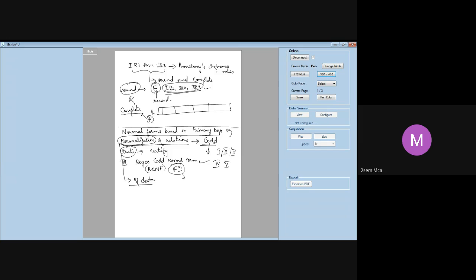You always analyze the relation based on the functional dependency and the primary key. Why do you do normalization? As you all told, one reason is to avoid redundancy, or rather minimize it. You cannot completely avoid it, you try to minimize the redundancy.